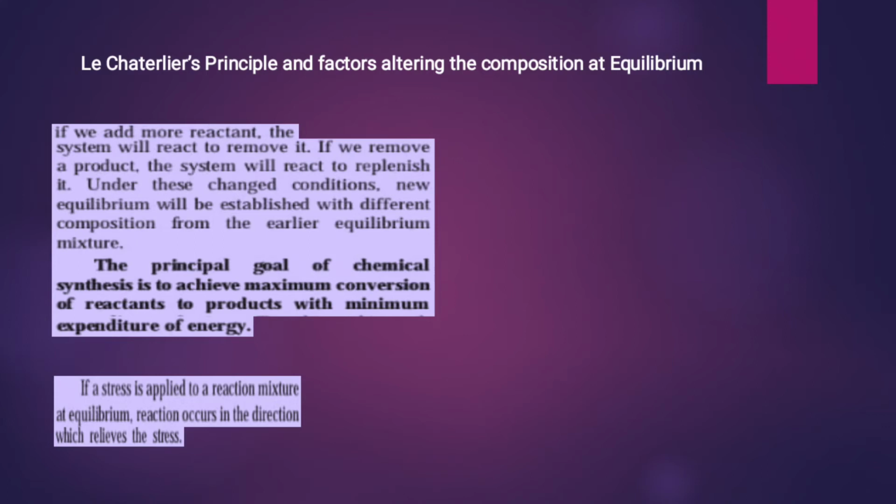If we add more reactant, the system will react to remove it, and if the product is removed, the system will react to replenish it. Under these changed conditions, a new equilibrium will be established with a different composition from the earlier equilibrium mixture.